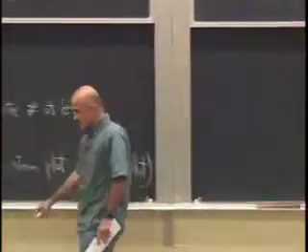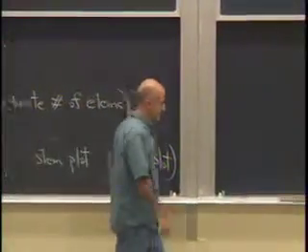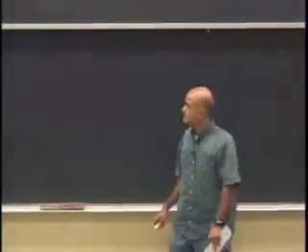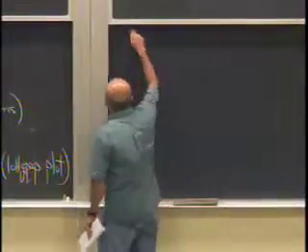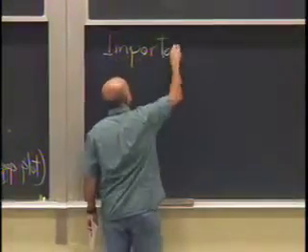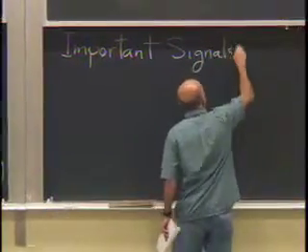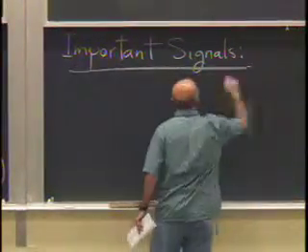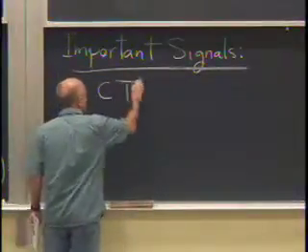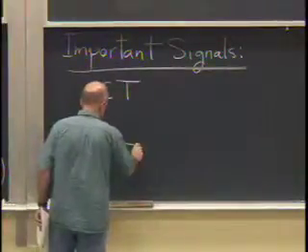There are some signals that you will become intimately familiar with and you will learn to love and hate as we go through this semester. So, important signals. In continuous time, I use CT for continuous time and DT for discrete time.